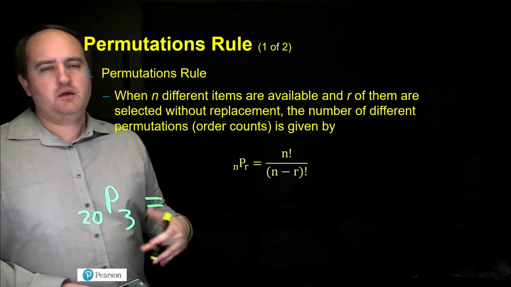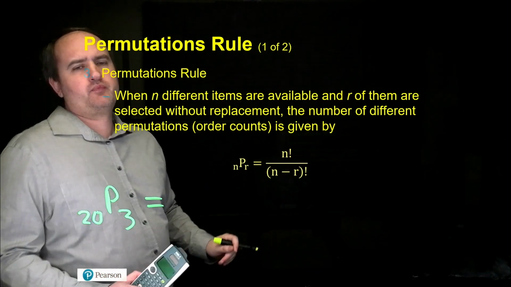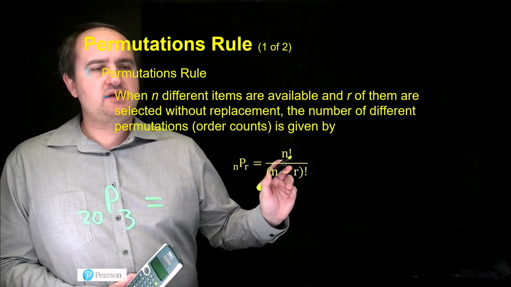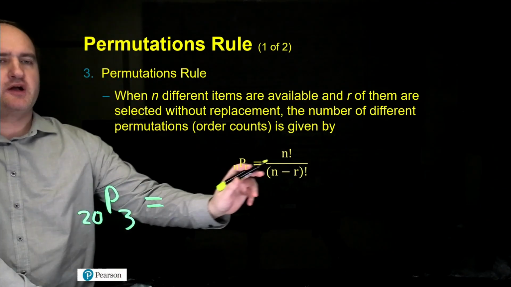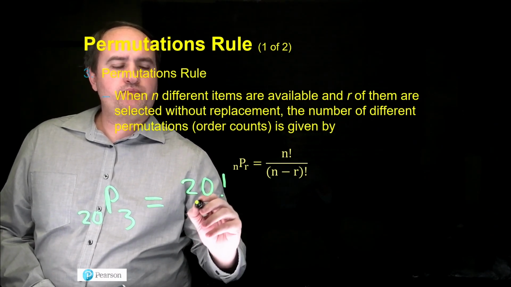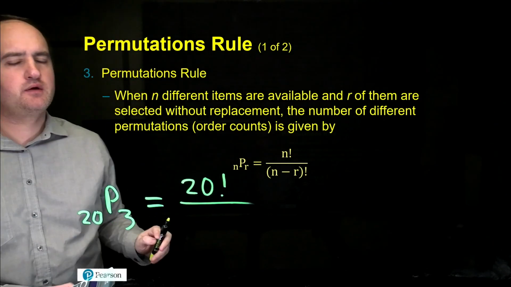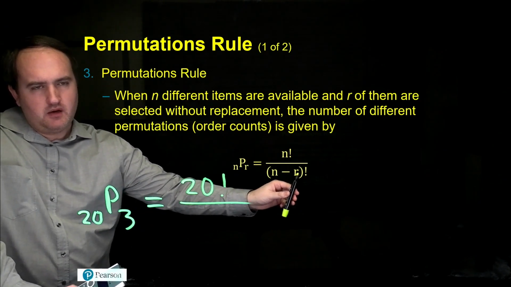So 20P3 is going to be, well, n is 20, r is 3. So plug it into the formula. In the numerator, we're going to have 20 factorial, and in the denominator, we're going to have (20 minus 3) factorial.